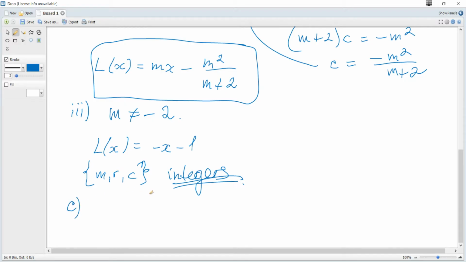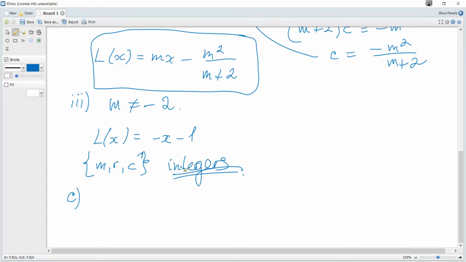C: Use part B to determine the other two AS linear functions with integer values of m, r, and c, 3 marks.